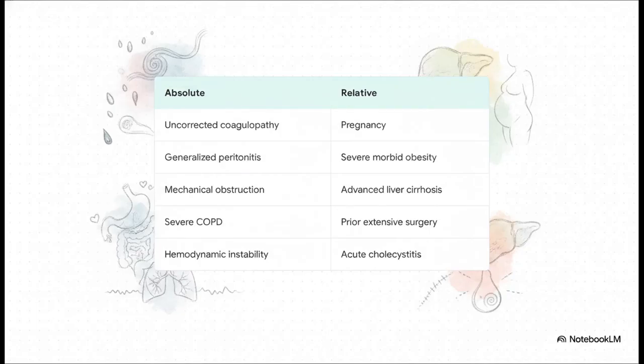Absolute contraindications include uncorrected severe coagulopathy, generalized peritonitis, mechanical intestinal obstruction, severe COPD or ischemic heart disease due to hypercapnia intolerance, and hemodynamic instability. Relative contraindications include pregnancy, severe morbid obesity, advanced liver cirrhosis with portal hypertension, prior extensive upper abdominal surgery, and acute cholecystitis.